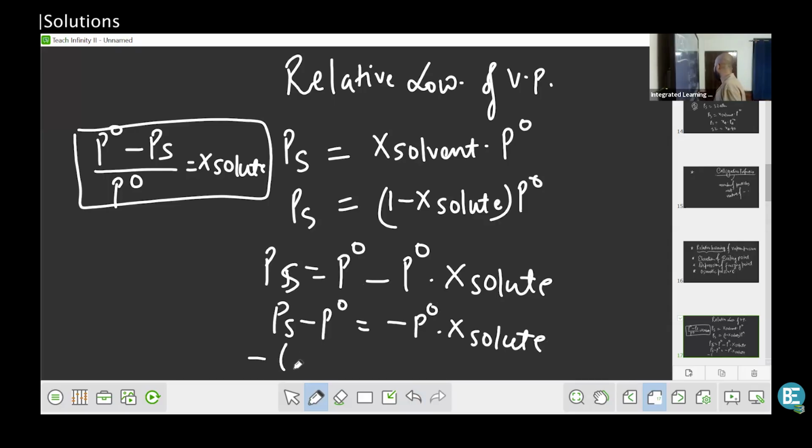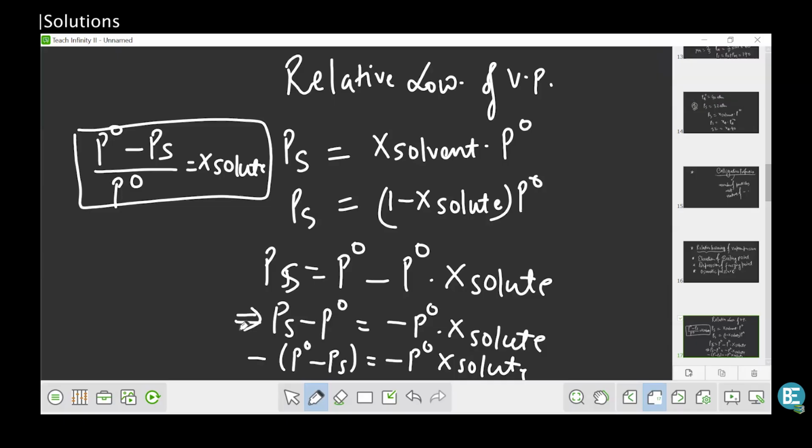So it will become minus of (P naught minus Ps) is equal to minus of P naught X solute. If I take minus common from this side, is it clear? Now minus and minus will cancel each other. Is that clear?